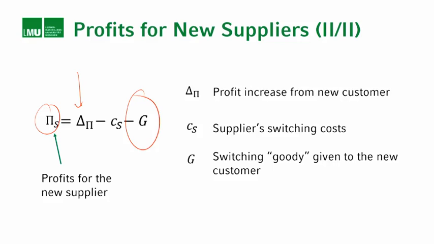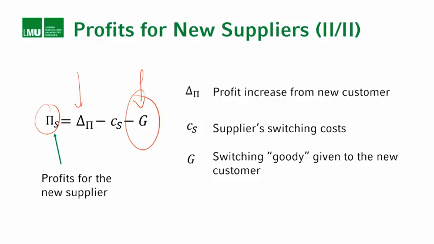However, of course, the goodie here enters negatively, meaning that it lowers the profit because you as the supplier have to spend money, you have to spend time, effort, and so on to give the goodie to the consumer, whereas on the other side, it's something that goes directly positively into the consumer's utility because he gets the goodie.